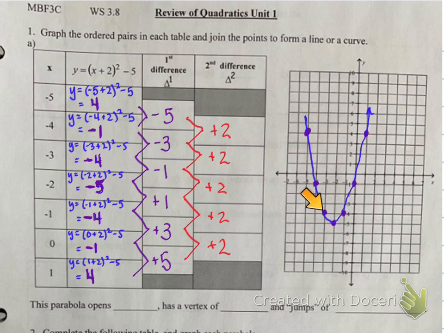It's got to be rounded. And make sure you put the arrows. The arrows are just as important as the rounded curve, folks. And make sure your curve is going through the points. This here is the parabola that represents this equation from this table, showing that the second difference is 2.